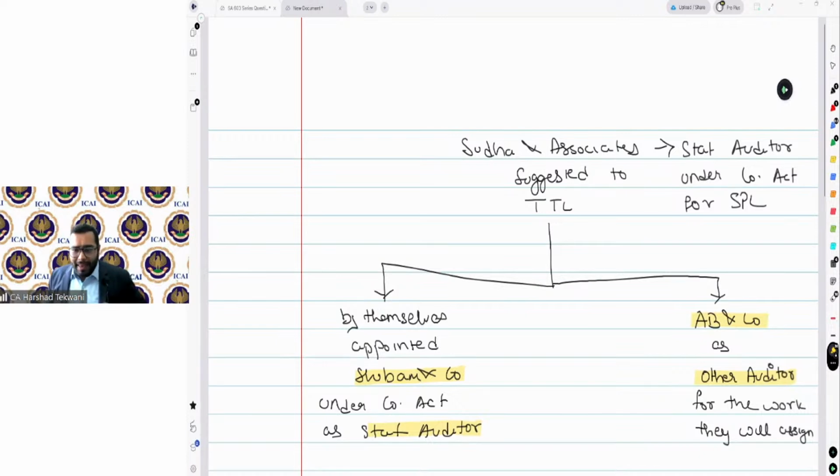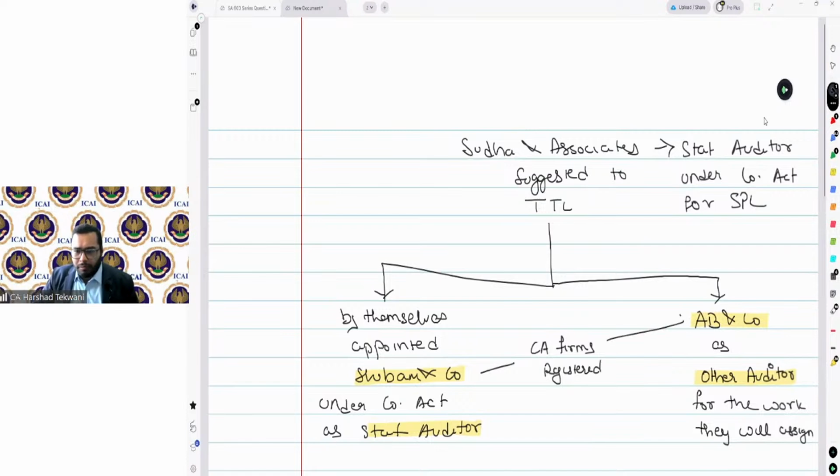Assuming both are members of the institute, both are CA firms registered with the institute. I'm not saying one is there, one is not. Is this permissible or prohibited?